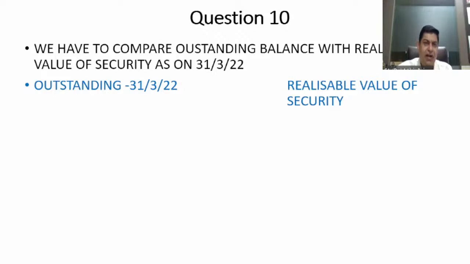You need to find out the outstanding balance of this loan as on 31st March, and this should be compared with the realizable value of security, otherwise it is unsecured. So tell me how it should be done.